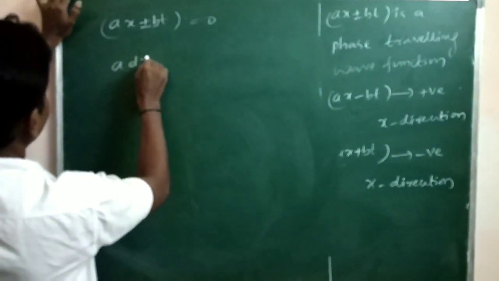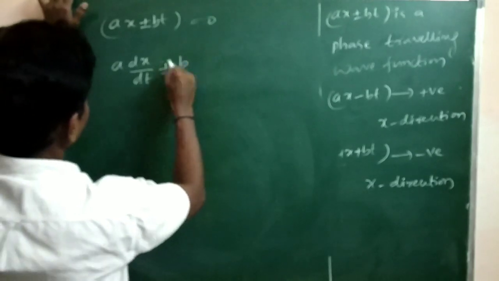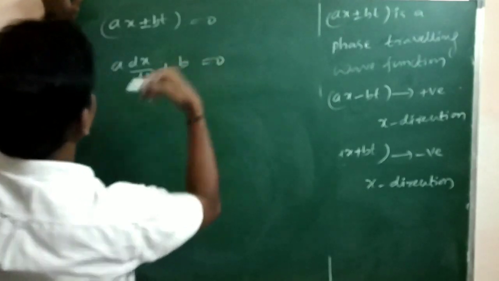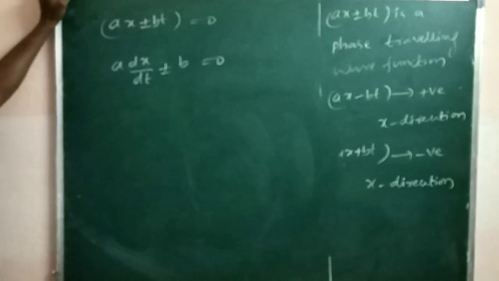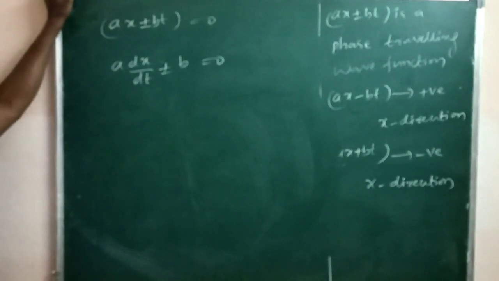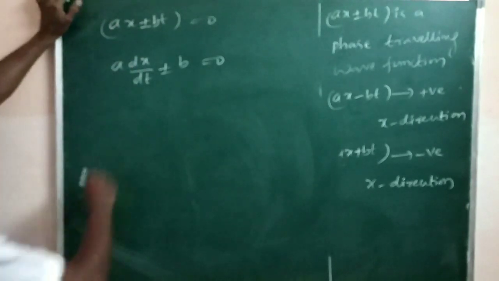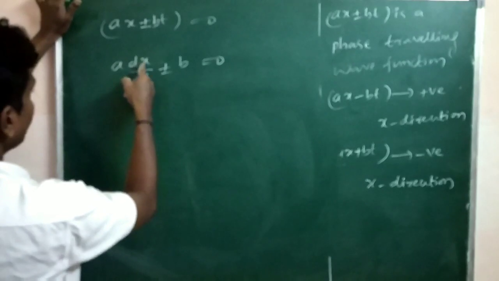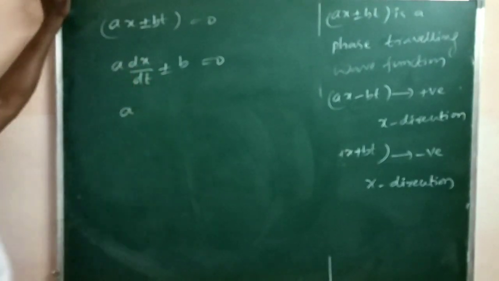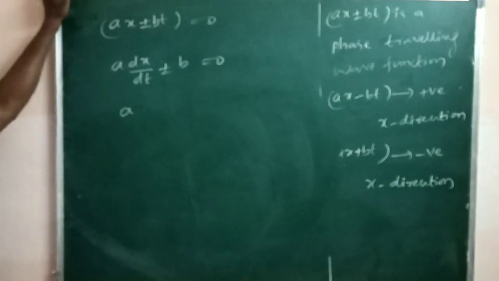Now a dx by dt plus or minus b equals 0. Okay, differentiate x with respect to time. a of dx by dt plus or minus b equals 0. Here dx by dt is nothing but the rate of change in distance, that is the speed.